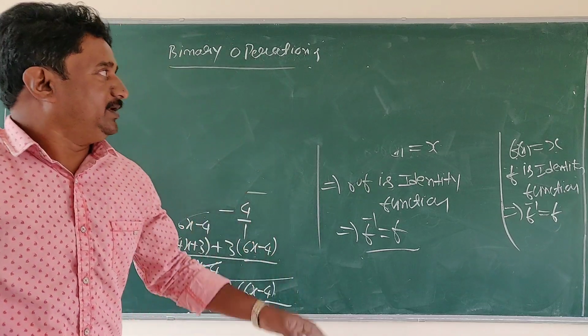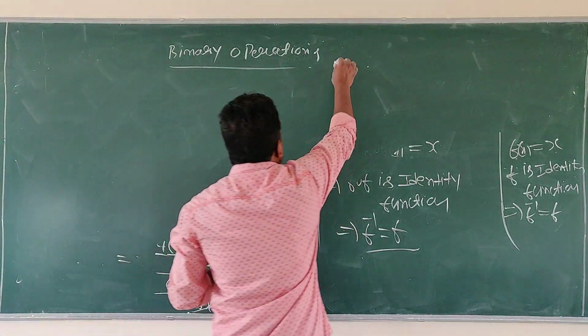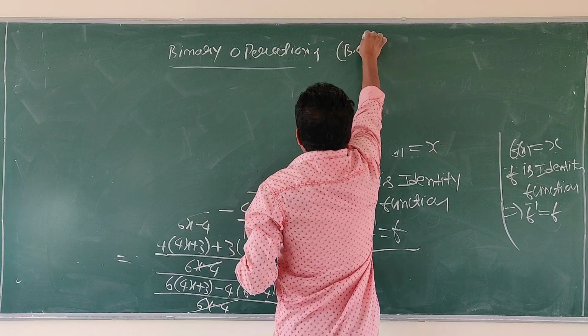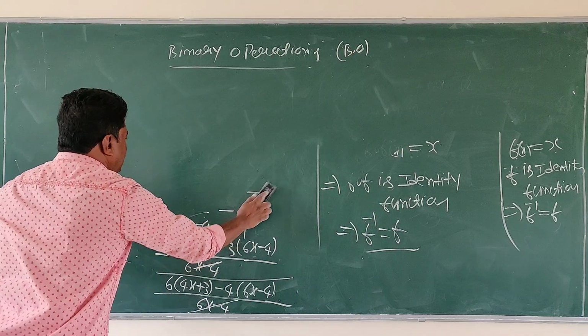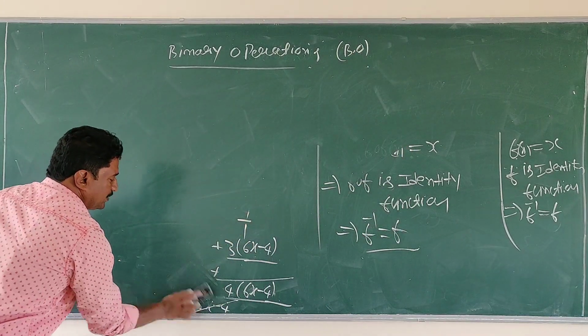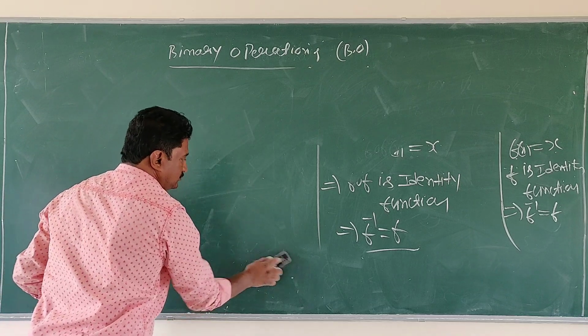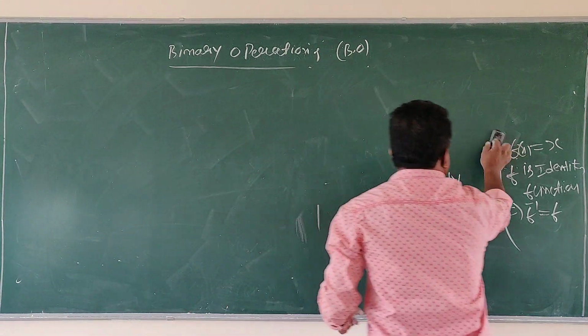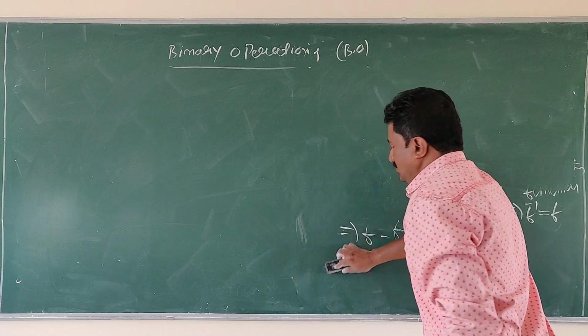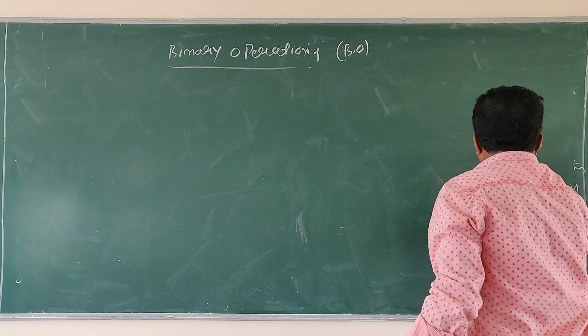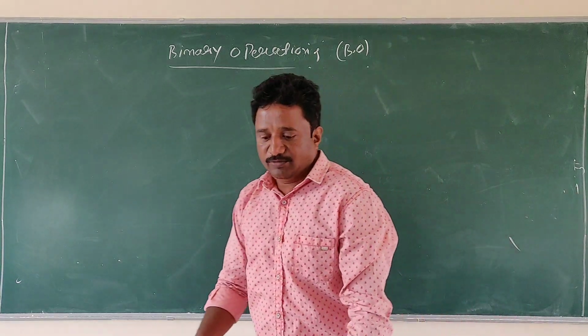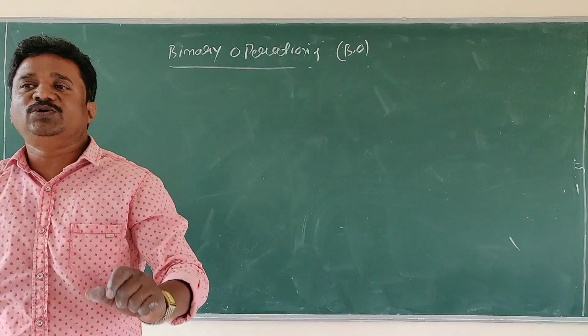First, I explain the short form BO. BO means binary operation.